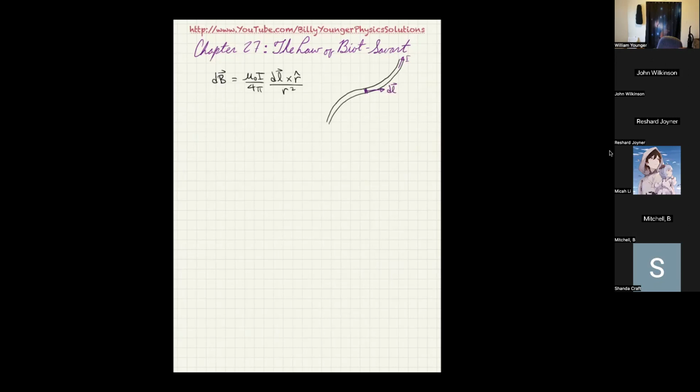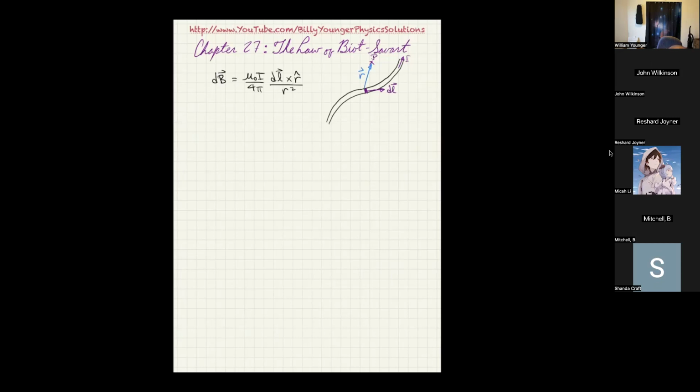If we would like to know the magnetic field at this point right here, P, then we need to draw a vector from here to there. That's really what the r vector is. The r vector is supposed to be a vector that points from dl to the point at which we wish to know the magnetic field.